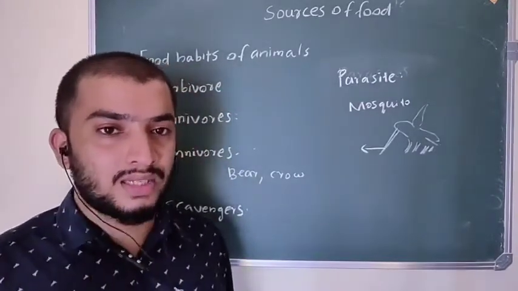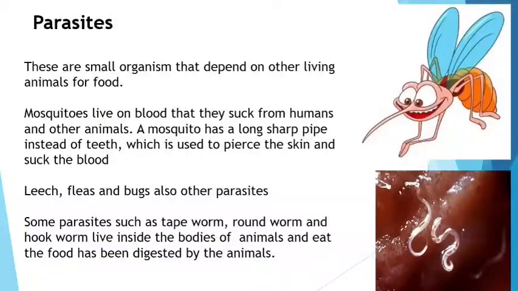So what is a parasite? Parasites are small organisms that depend on other living animals for food. Mosquitoes live on blood that they suck from humans and other animals. A mosquito has a long, sharp pipe instead of teeth, which is used to pierce the skin and suck the blood.